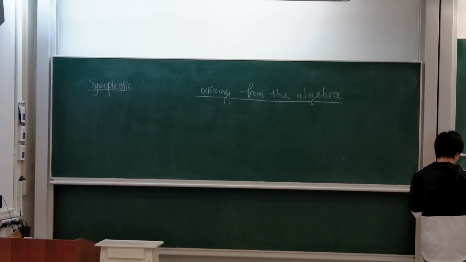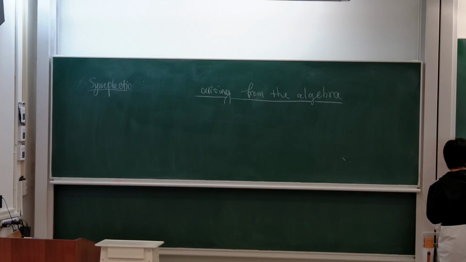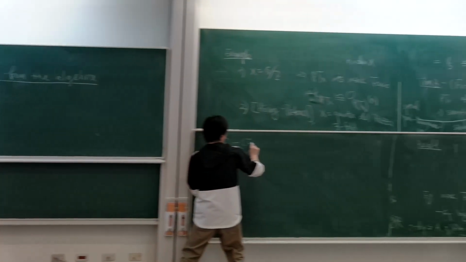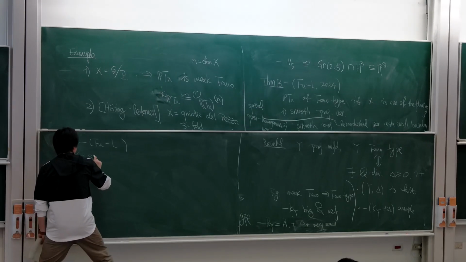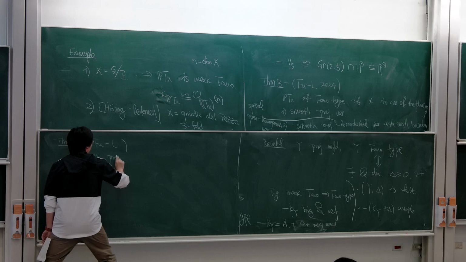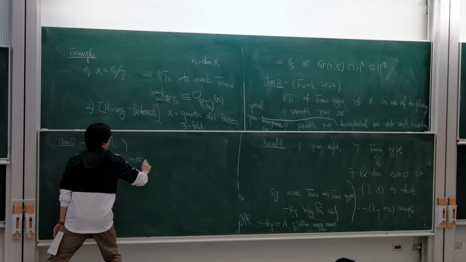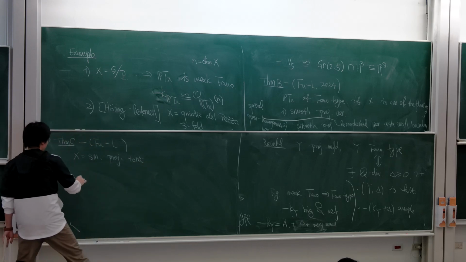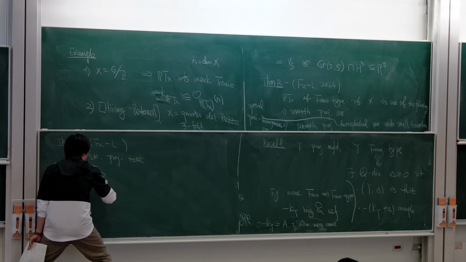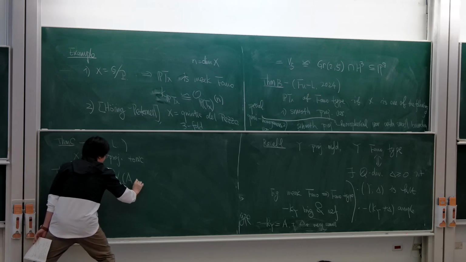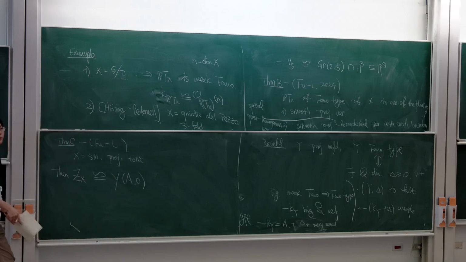So our last theorem: we show that if X is a smooth projective toric variety, and I take this Z_X, in fact, it is isomorphic to some hypertoric variety Y_A(0).